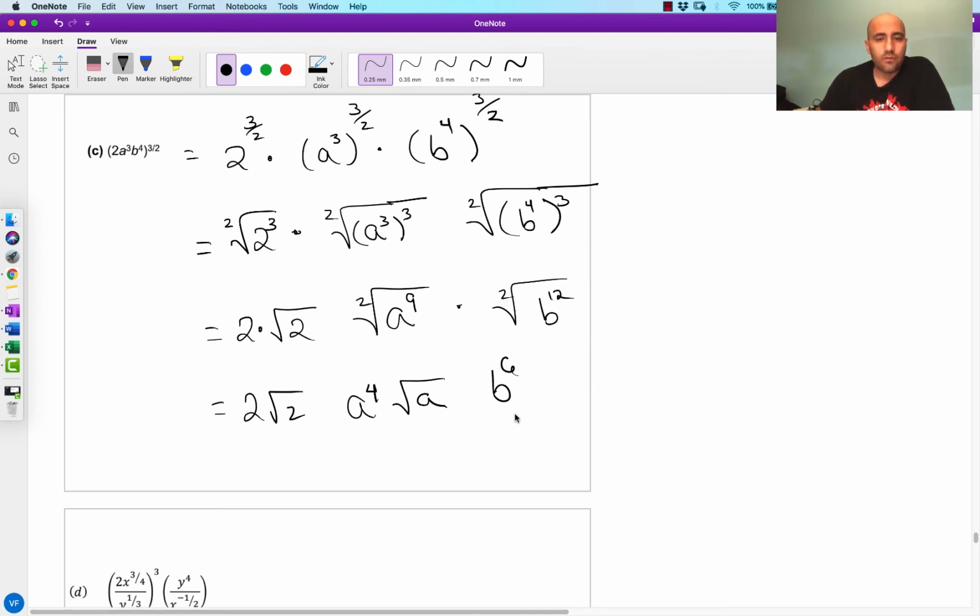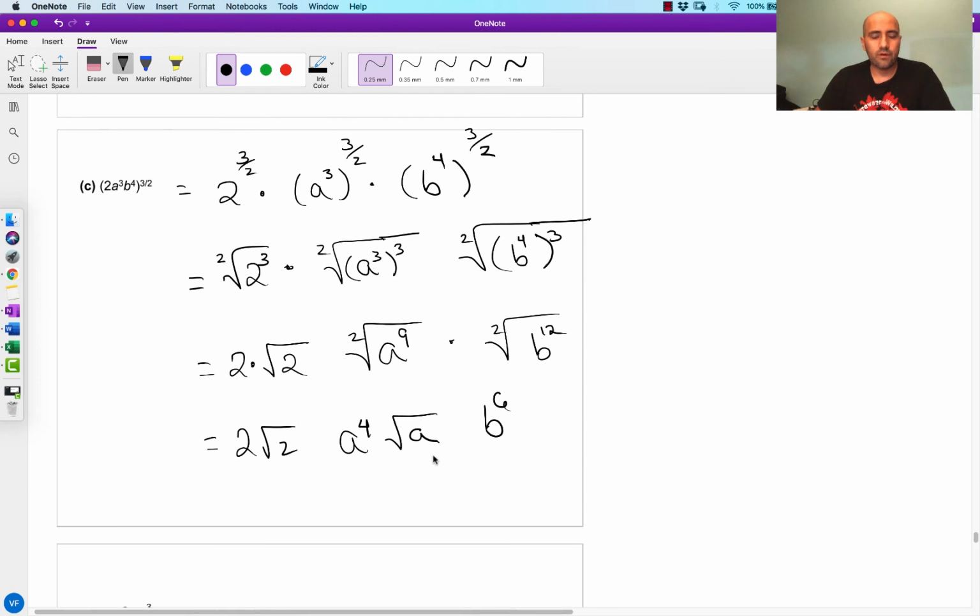That would be a good way to leave it, although I think that maybe we've gone too far. This is good. We can group up the 2, the a, and the b and get 2a to the fourth b root 2a, and bring them together since they both have root 2, and they're being multiplied. So that's one good answer.